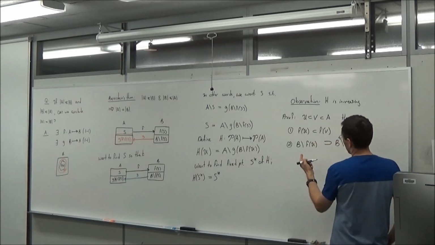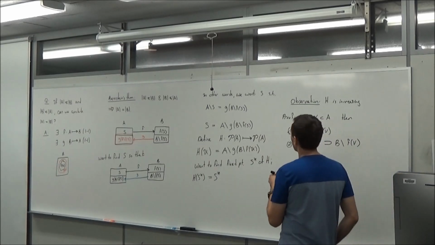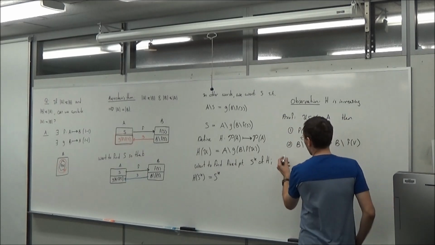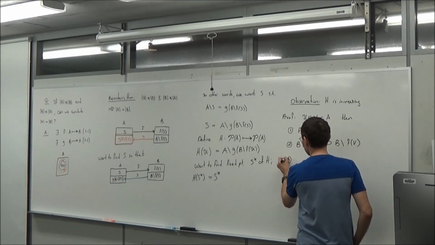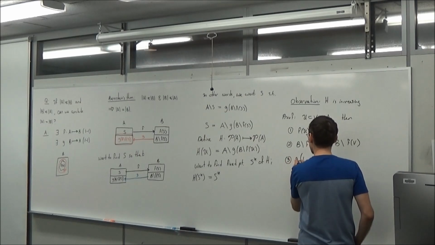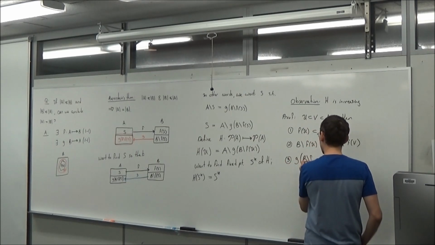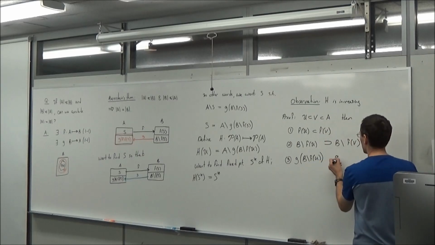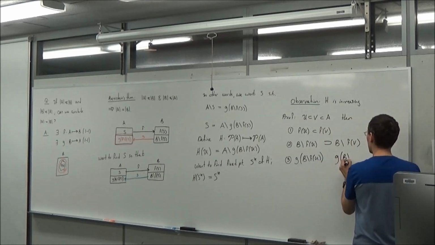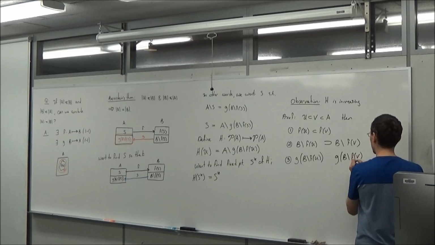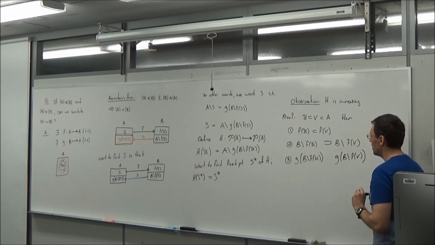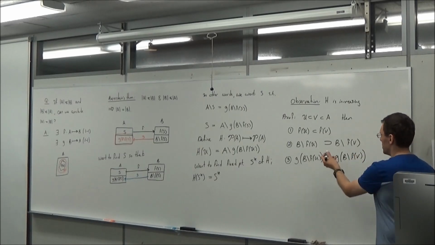So this is going to be this case. Now what I do is I apply g. g applied to B, throw away the image of U. What's the relationship to g applied to B, throw away the image f of V? How does the relationship go? Which way?